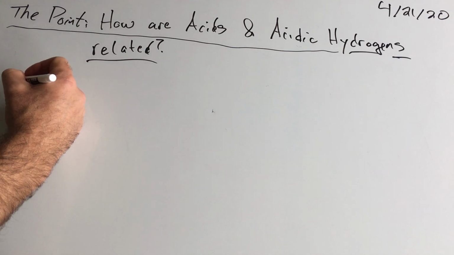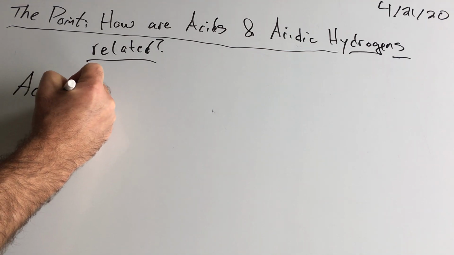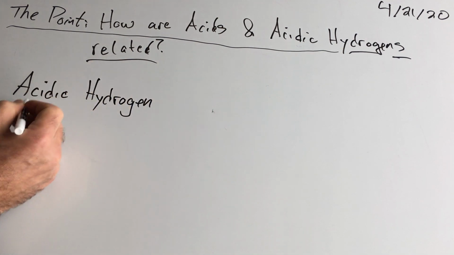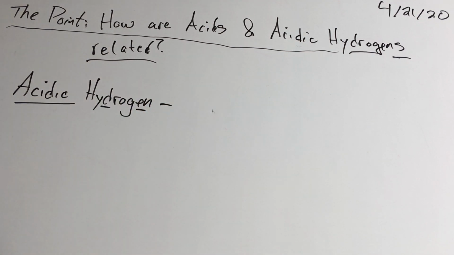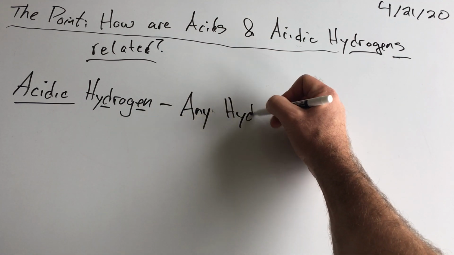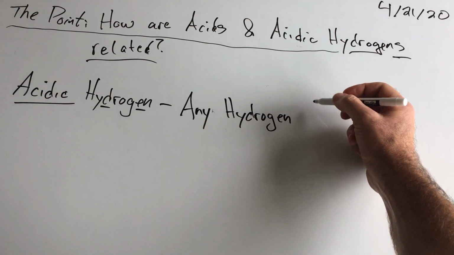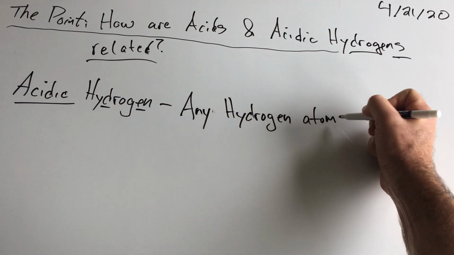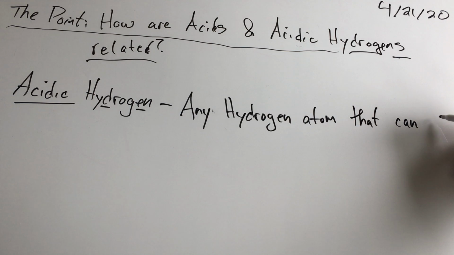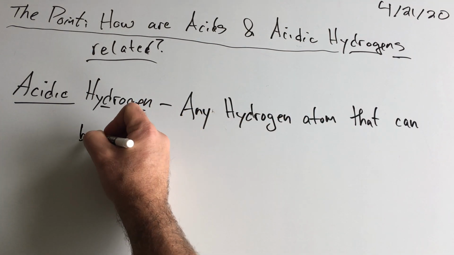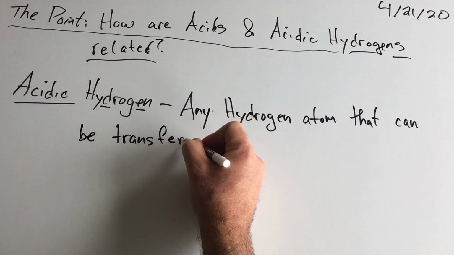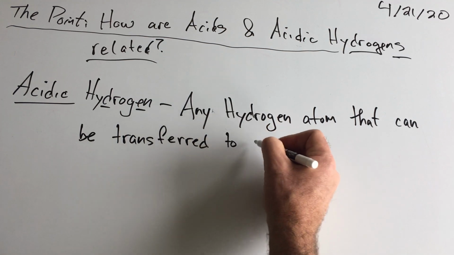So acidic hydrogen is any hydrogen atom that can be transferred to water.